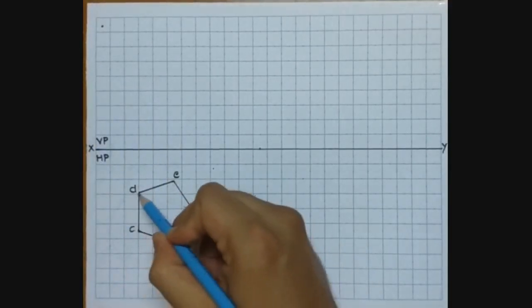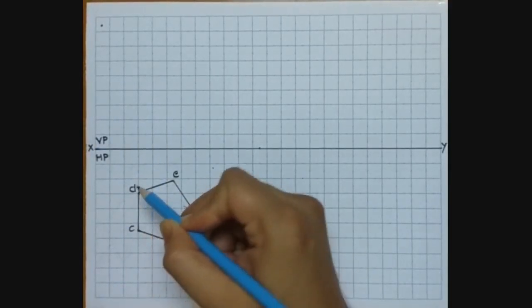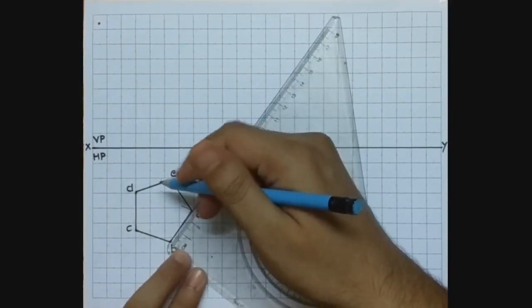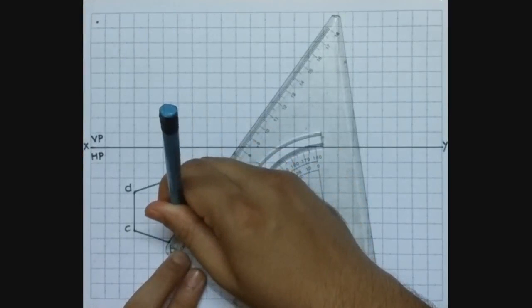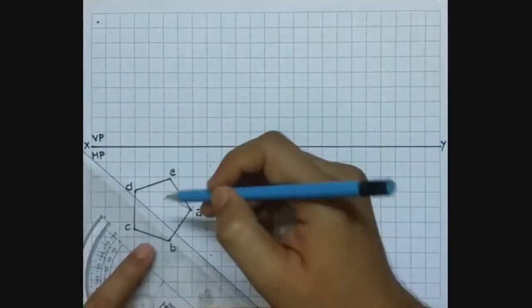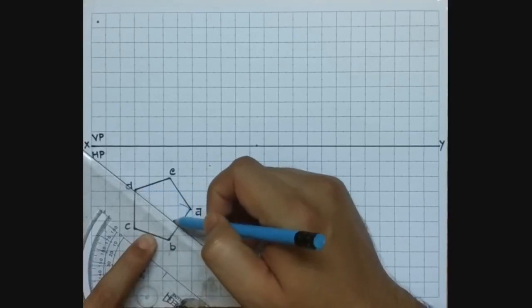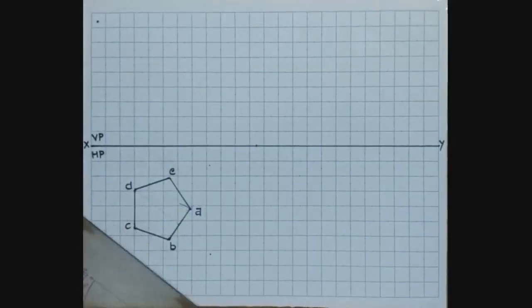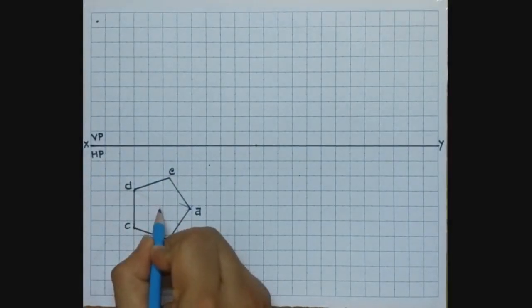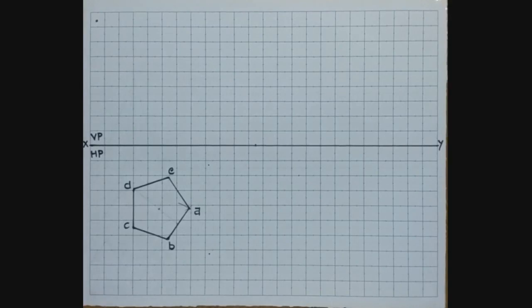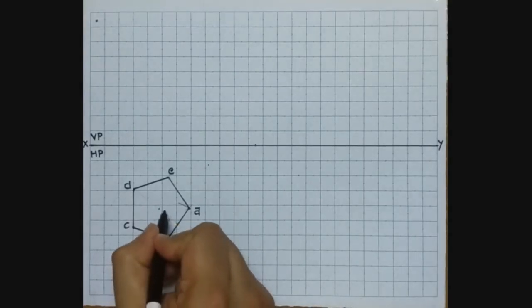Similarly, I'm going to select one more corner and the center of the opposite edge, and connect it, so that the intersection of these two construction lines will give us the center, and I'm going to name it as point O.